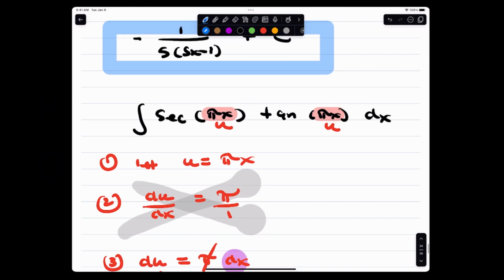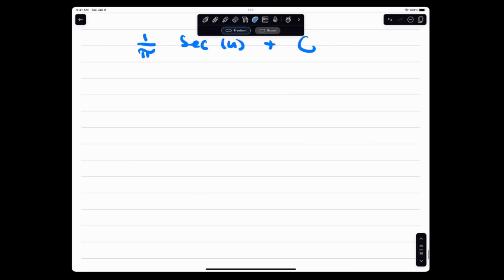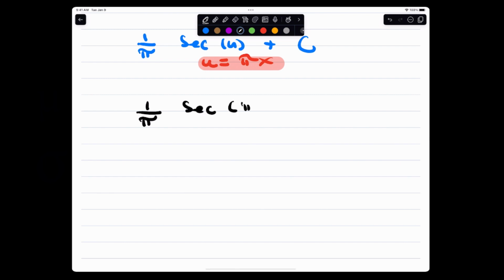What do you guys get now with this? What was u again? U was pi x. Over pi secant pi x plus c.